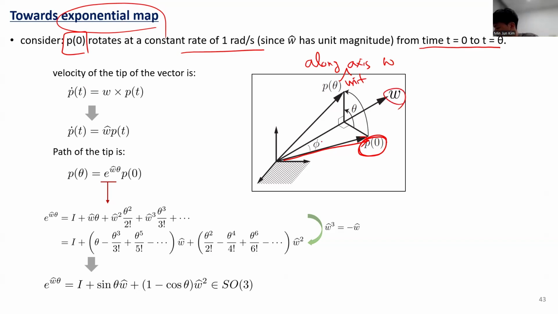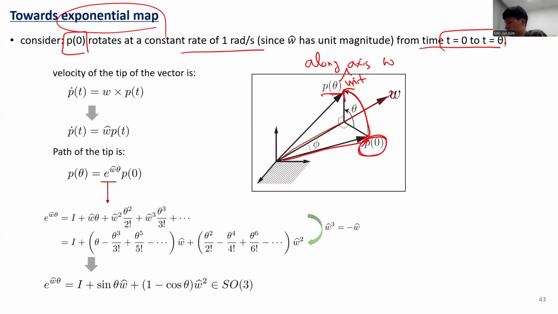So here's omega. Along this axis, we are going to rotate vector p0 from time 0 to t equal to theta.